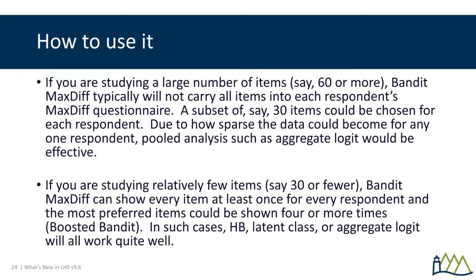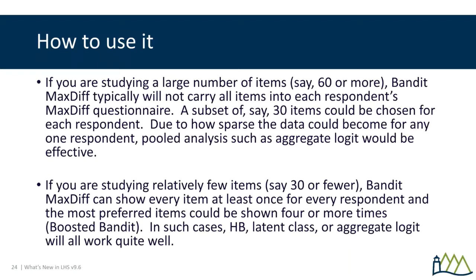Finally, within the background, we have to help Bandit MaxDiff understand how it should function. So if you're studying a large number of items, typically around 60 or more, we don't want to bring all 60 items into the respondent's questionnaire, right? We really only want to bring a subset of items.